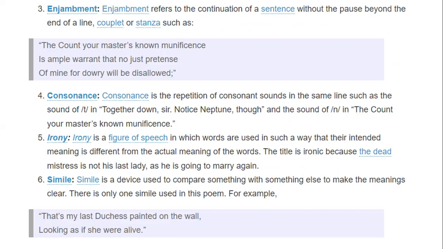Okay, then there is enjambment. Now, what exactly is enjambment? It refers to the continuation of a sentence without a pause beyond the end of a line, couplet, or stanza. Now, when a certain stanza or a verse is continuing without stopping, without maintaining a rhythm that is matching with the other line, we see the pattern of enjambment.